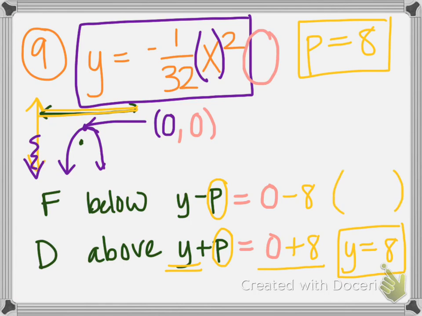And the focus is always going to be directly above or below or left or right of the vertex. In this case, it's directly below, which means it's going to have the same x value. And the only thing that changes is the y value. And it changes to 0 minus 8 or negative 8. So this is my focus, this is my directrix, and I've solved this problem.